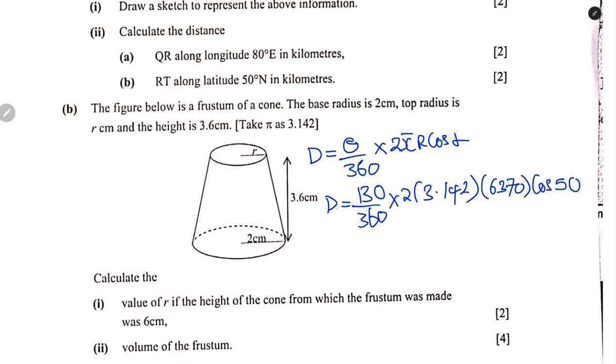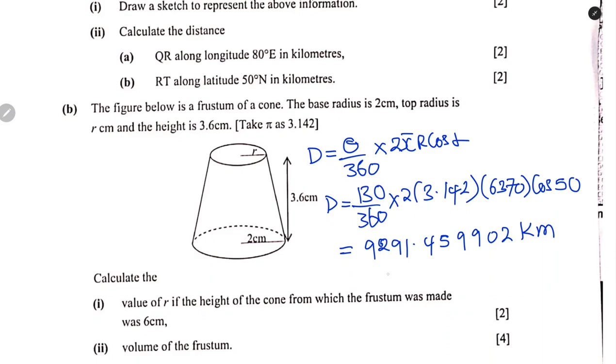So now if we are to multiply on the calculator, what I'm able to find is 9291.459902 kilometer.